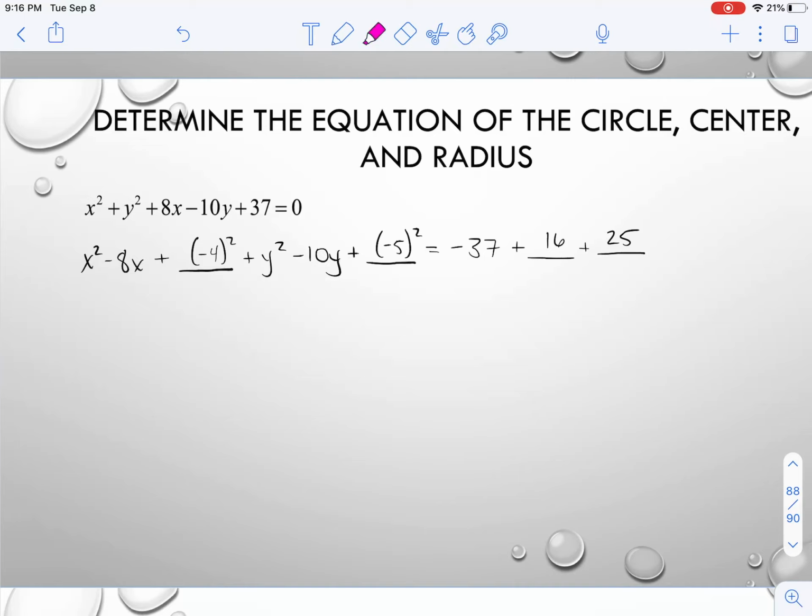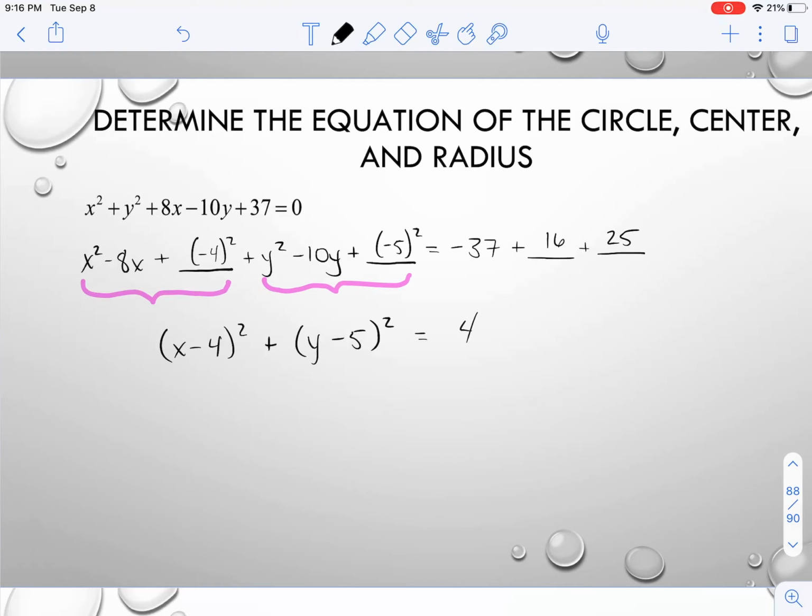Okay, so here on the left, I'm now going to complete the square for this quantity and for this quantity with the y's. So what we're going to have is x minus 4, quantity squared, plus y minus 5, quantity squared, equals, and on the right hand side, negative 37 plus 41, so I'm going to have a positive 4.